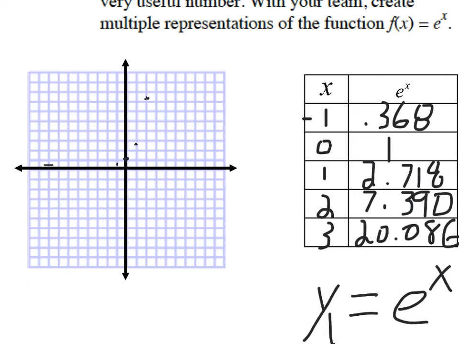Here's my exponential curve for y equaling e to the x, and don't forget there is this horizontal asymptote on the x-axis.